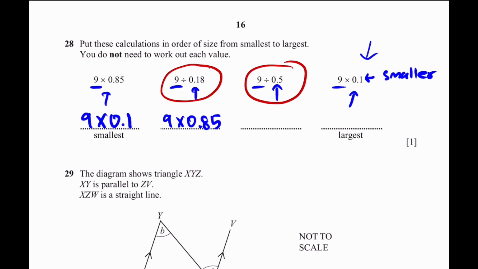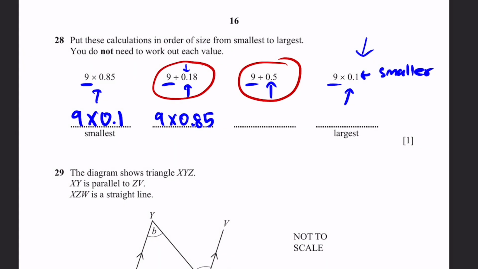As I said before, if the decimal starts with 0 point, when you're dividing something by it, that means the answer will be larger. Both of the decimals start with 0 point, so which do we need to take? Whichever decimal is smaller, that expression which contains the decimal is the larger one. This only works when the decimal starts with 0 point.